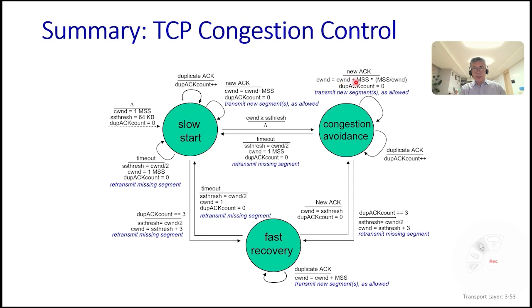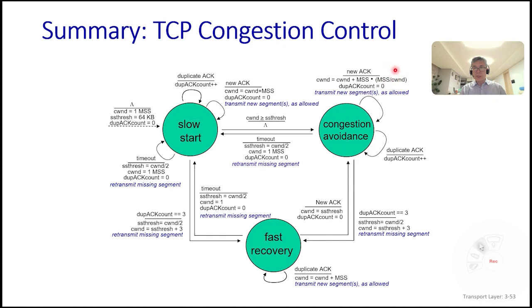The cwnd is increased by MSS times MSS over cwnd. The meaning is that this amount of cwnd segments is transmitted or acknowledged. So this accumulated amount is cwnd, right?